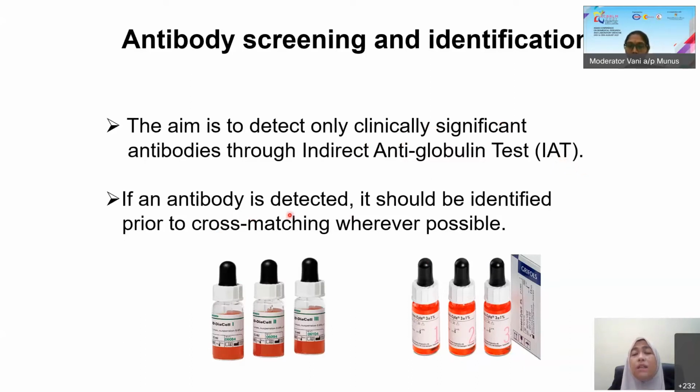If an antibody is detected, we should identify the type of the antibody prior to cross-matching wherever possible. When we know the antibody, we must supply antigen-negative blood to the patient, especially in clinically significant antibody cases.